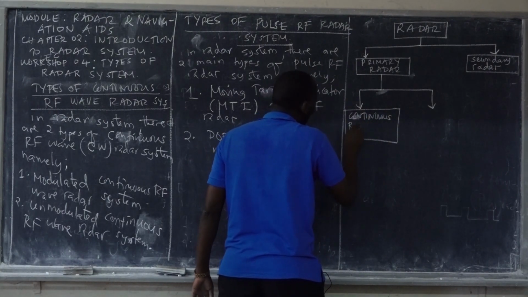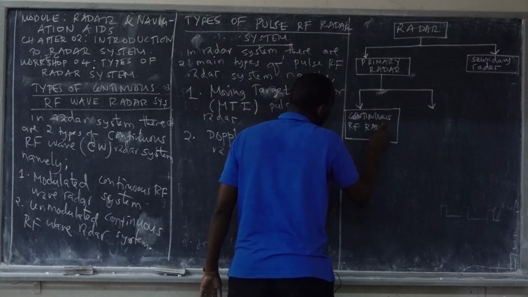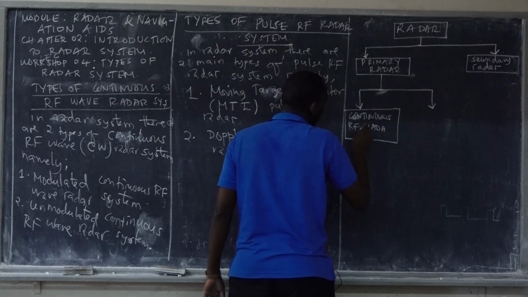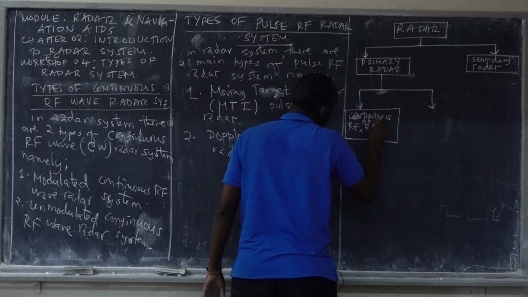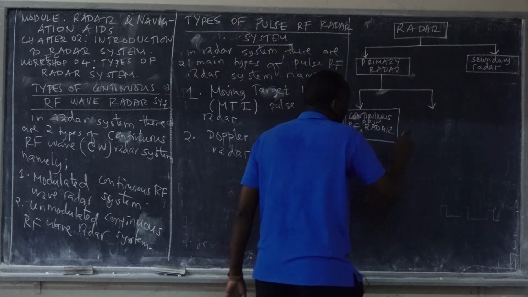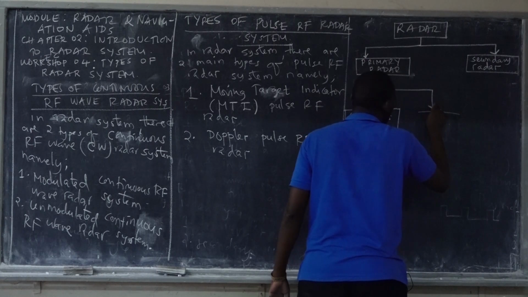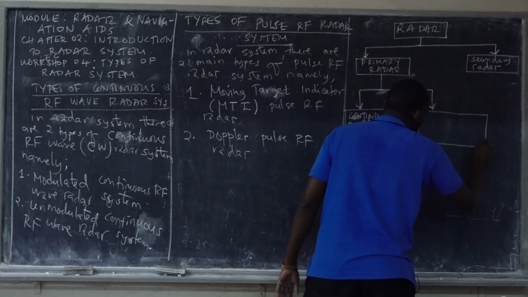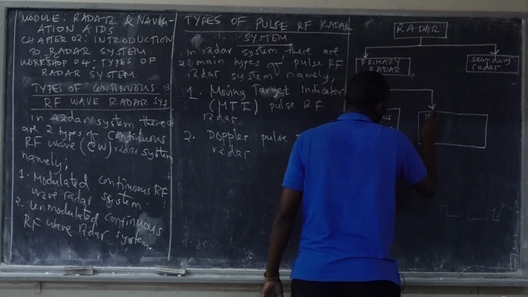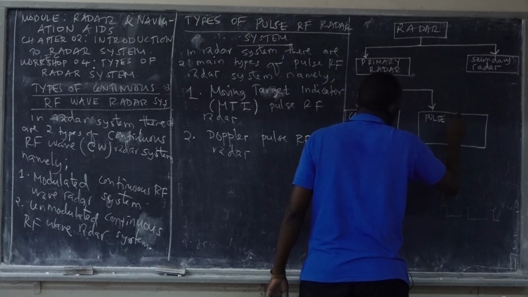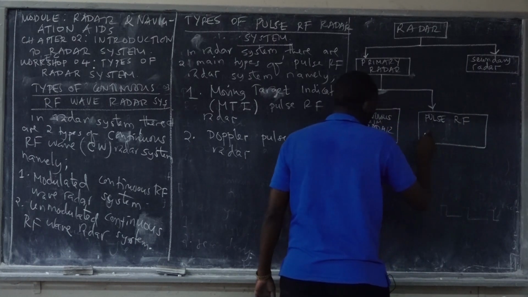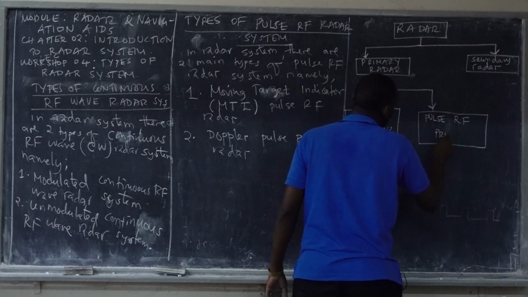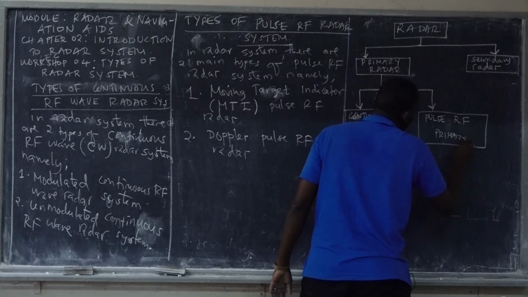Continuous RF radar system or primary radar system. The second type is what? Pulse. Pulse radio frequency primary radar.